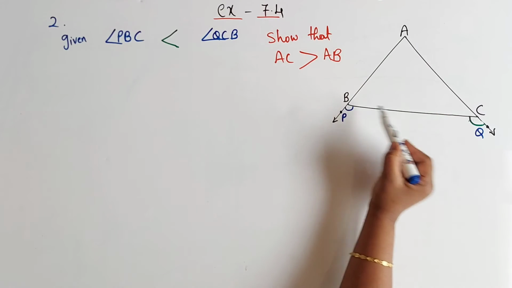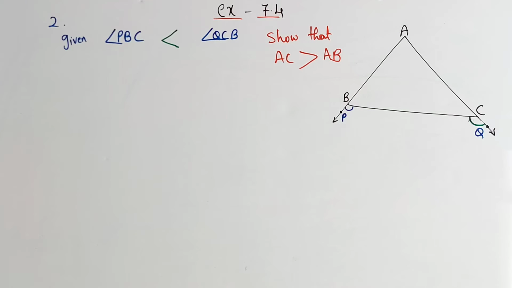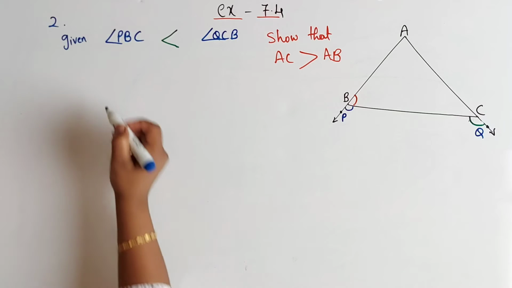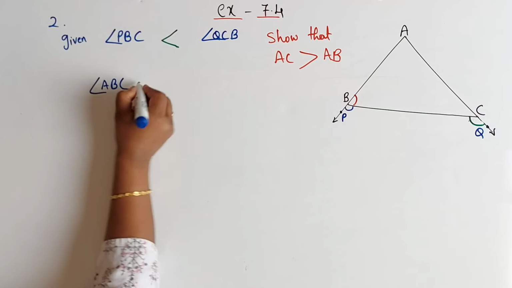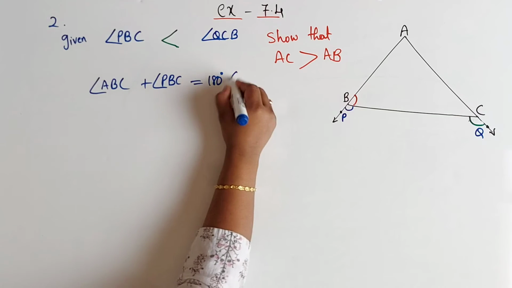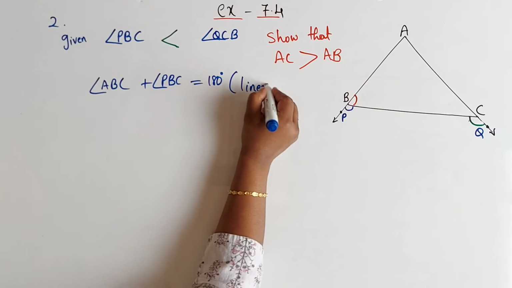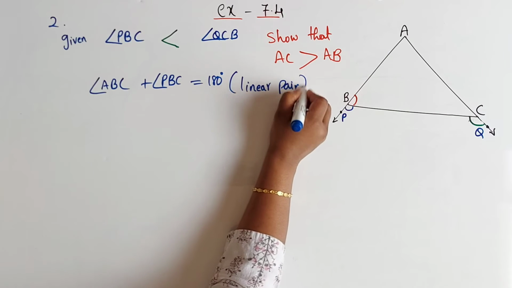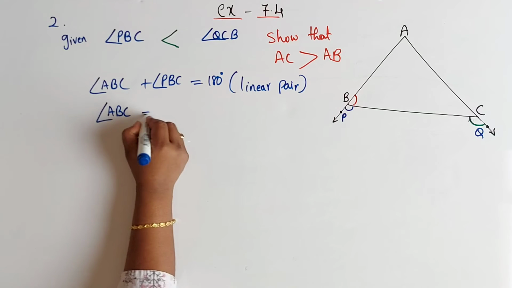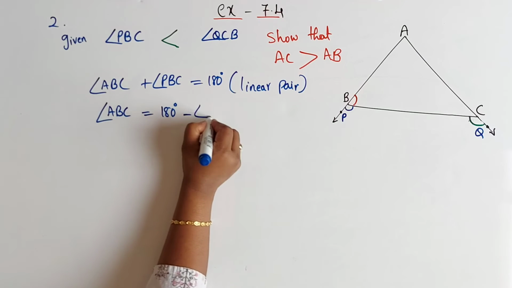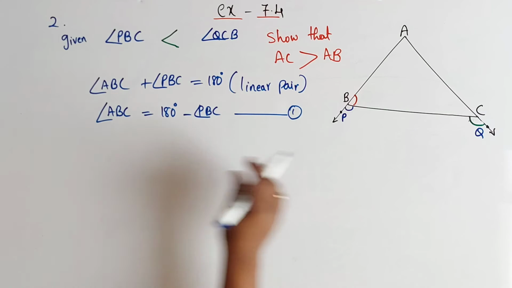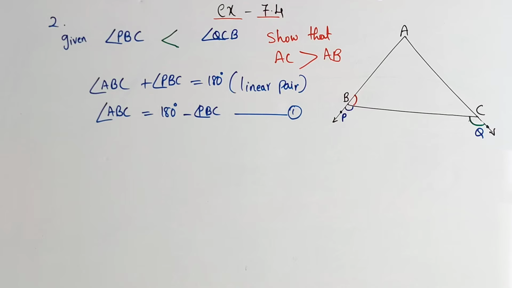See here, this angle ABC and this angle PBC. Angle ABC plus angle PBC is equal to 180 degrees. What is the reason? Linear pair. So from here angle ABC is 180 degrees minus angle PBC. Now consider this one, children.